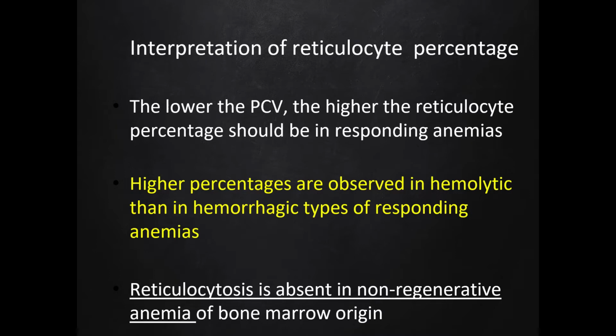Higher percentages are also observed in hemolytic than in hemorrhagic types of responding anemia. It could be that in hemolytic anemia, there is easier detection by the body when compared to the hemorrhagic state.